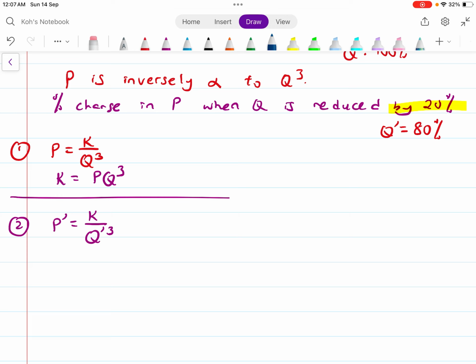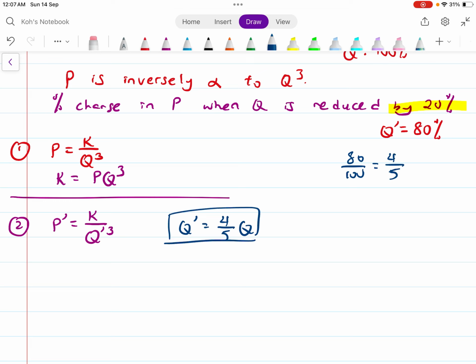Let's look at this together. Since Q is reduced by 20%, my new Q will be 80 over 100, which is about 4 over 5 of the initial Q.